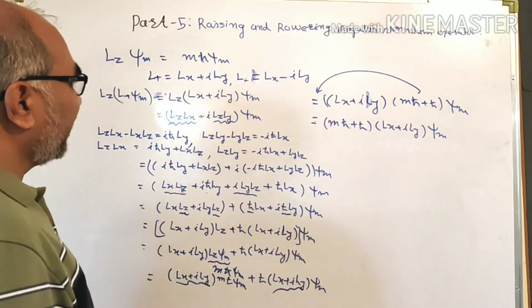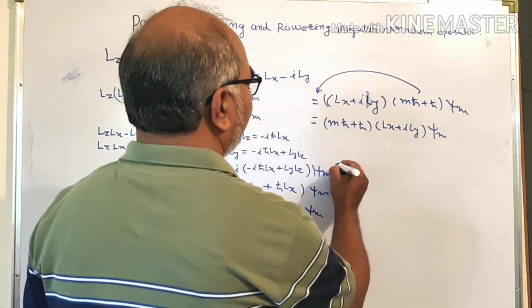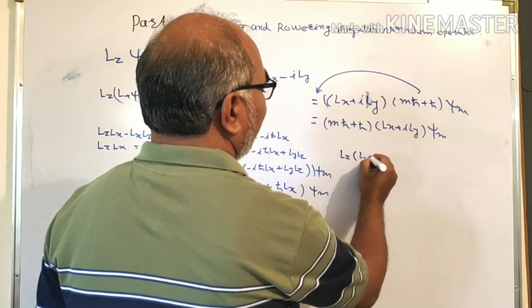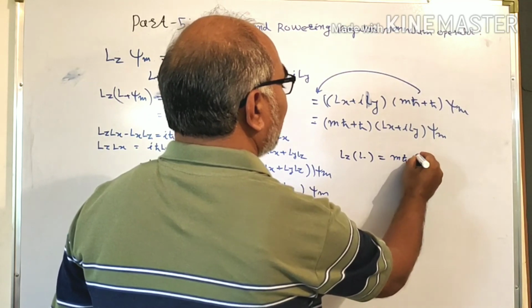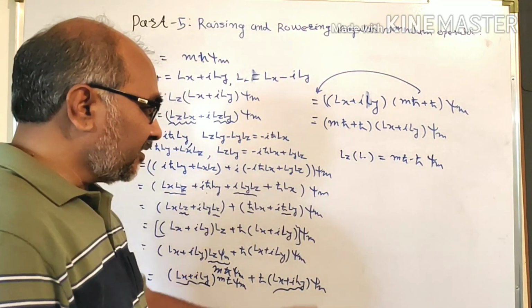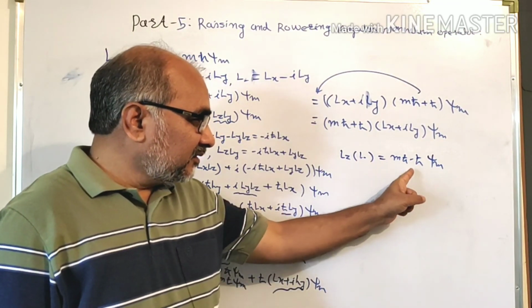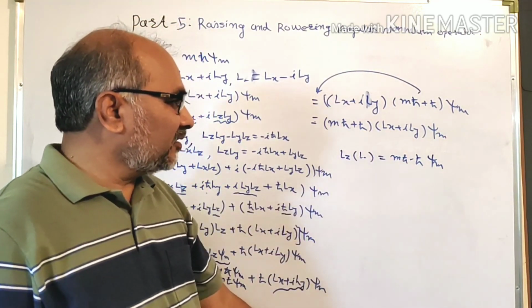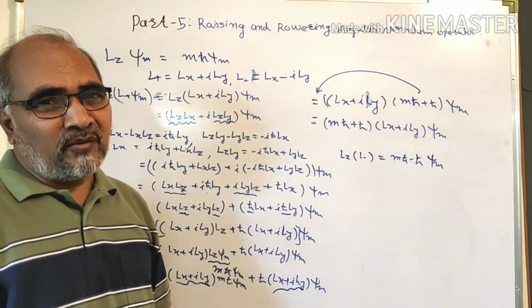Similarly, we can prove that when Lz operates on L minus, it gives mħ minus ħ psi m, meaning when Lz operates on the lowering operator, the eigenvalue decreases by ħ. So this is the raising and lowering of the angular momentum operator.